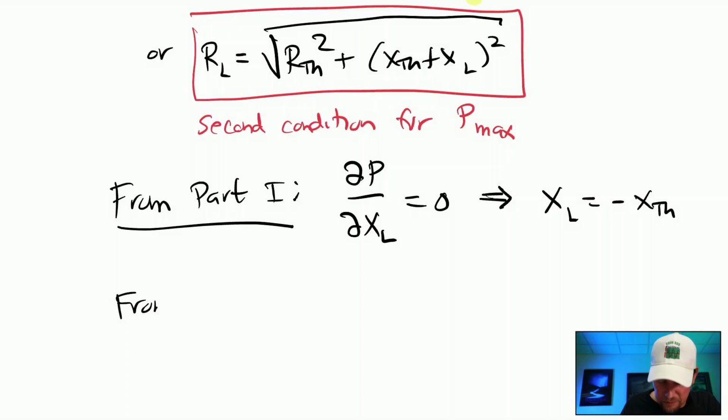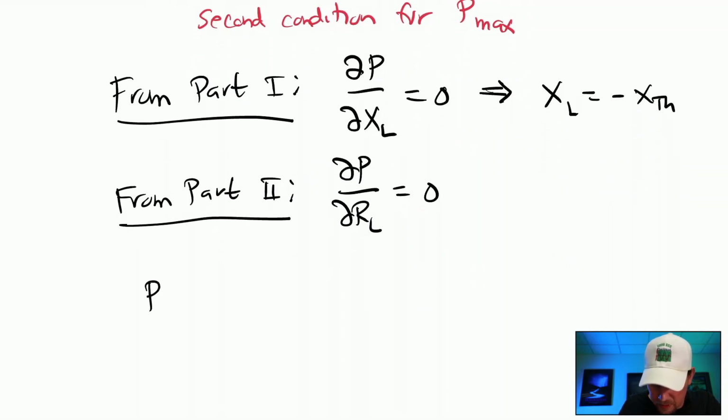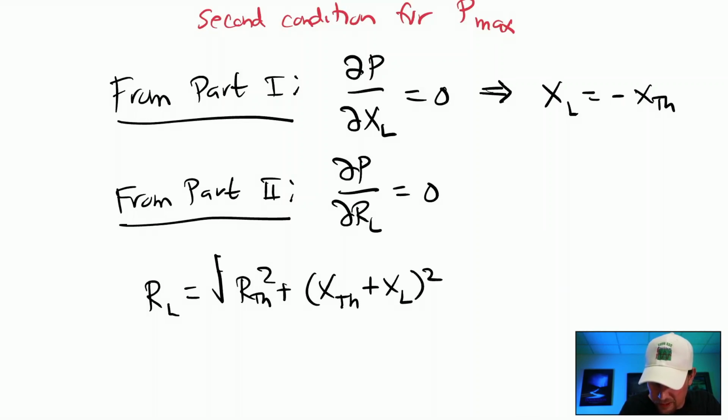And now from part 2, we have now found that if you take the partial of the power with respect to the load resistance, set equal to 0, that can only happen if R load is equal to the square root of R Thevenin squared plus (X Thevenin plus X load) squared like this. This I'll call equation A. This I'll call equation B.